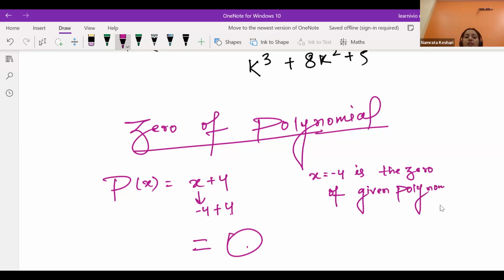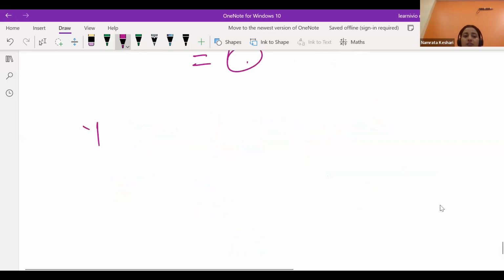Okay. Similarly, if I am giving you p(x) equals, suppose we are having 3x minus 9. What is the zero of this polynomial? Yes, Pranav?